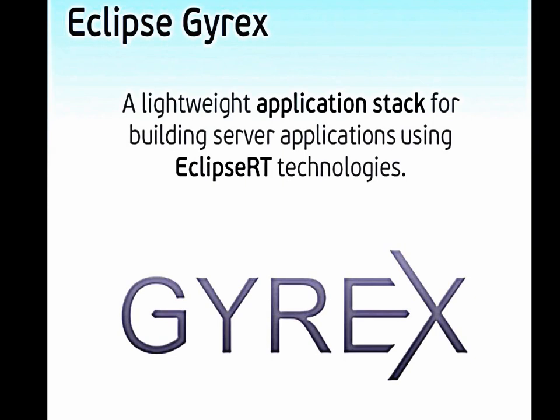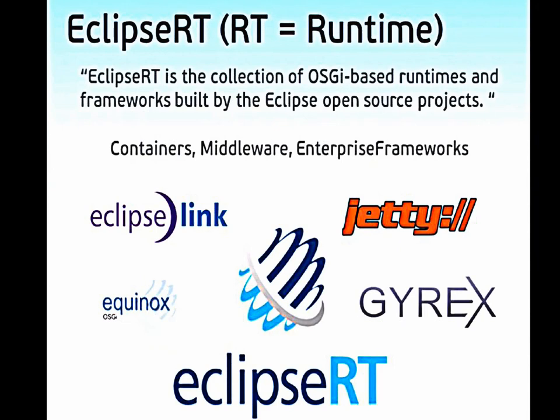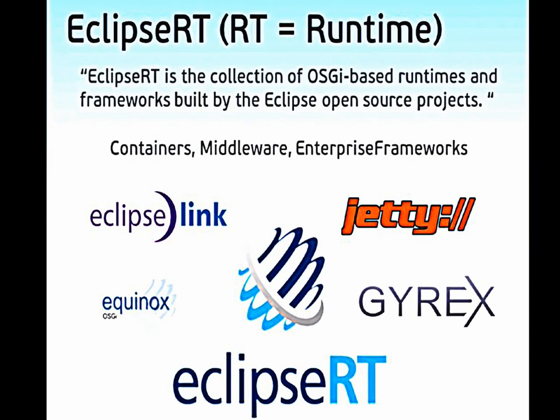Okay, so Gyrex, I'd like to describe it as an application stack built out of Eclipse RT technologies. There are a lot of great projects in Eclipse RT, right? But when we started putting them together into a technology stack that works on the server, we actually found ourselves writing glue code, integration code, for example, to make Jetty a little bit more dynamic.